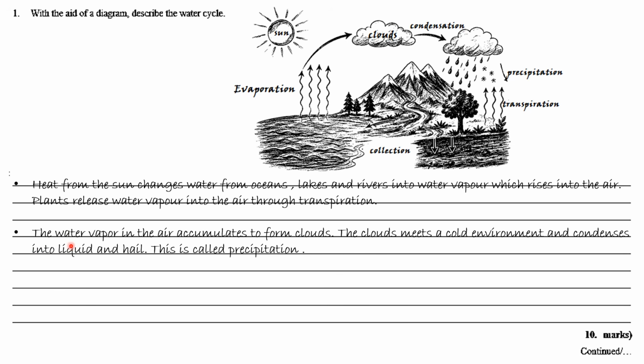So the water vapor in the air accumulates to form clouds. We are still making reference to the diagram. The clouds meet a cold environment and condense.